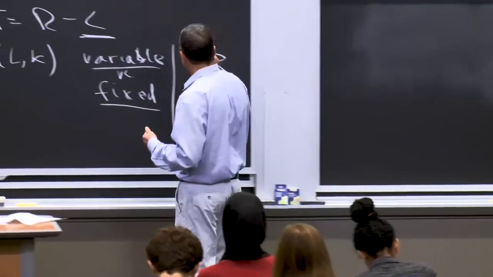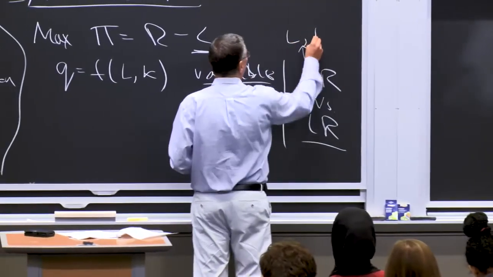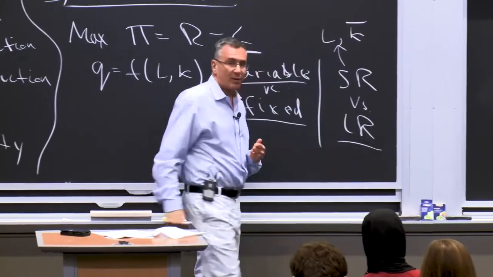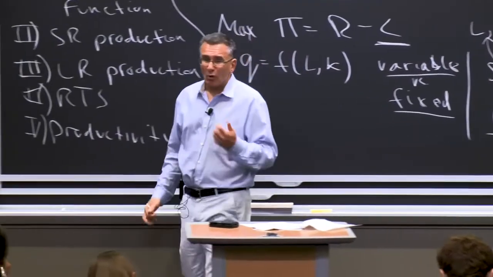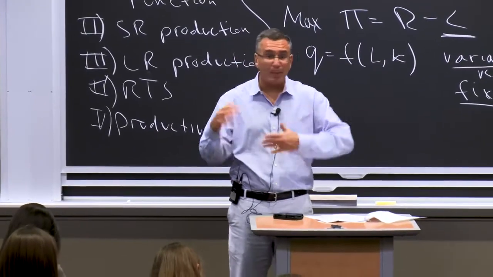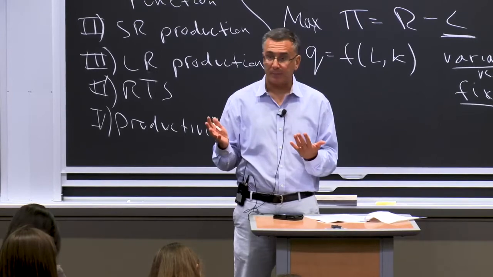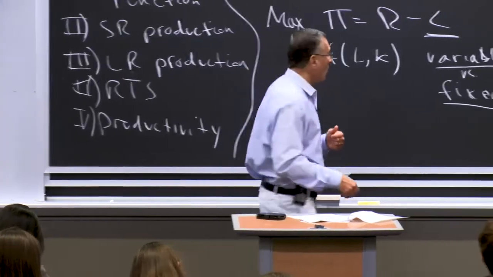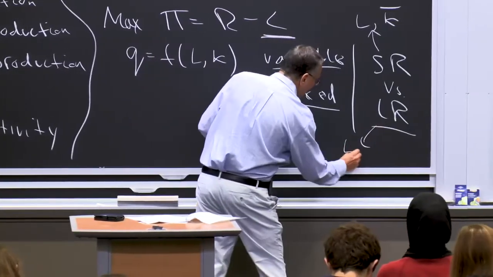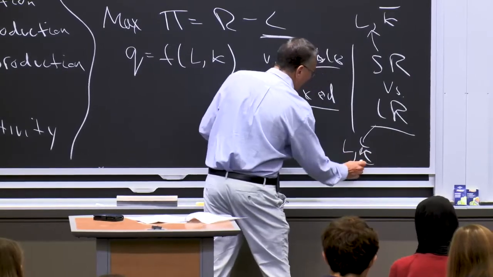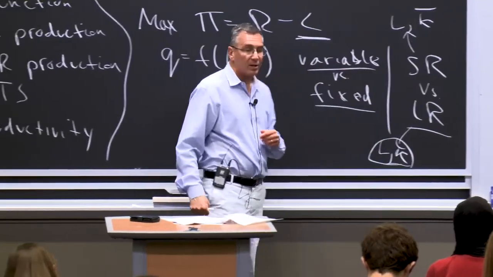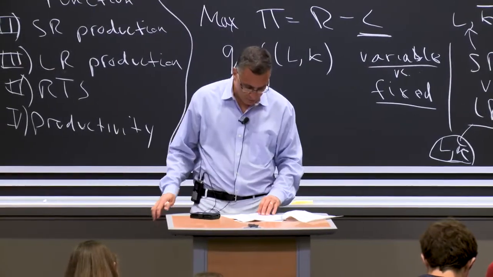So in the short run, you have labor and then some fixed level of capital K bar. So in the short run, you've got some building. You can't change it, but you can always change how hard people work in that building. In the long run, everything's variable. Labor and capital are both variable. Okay, so there's no K bar. Capital's variable in the long run.